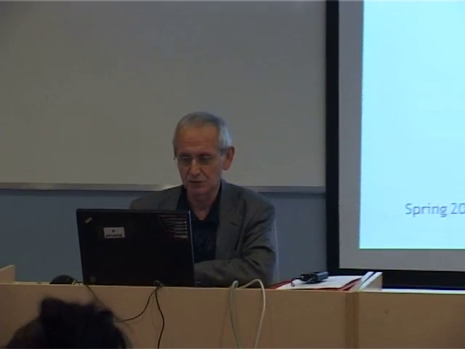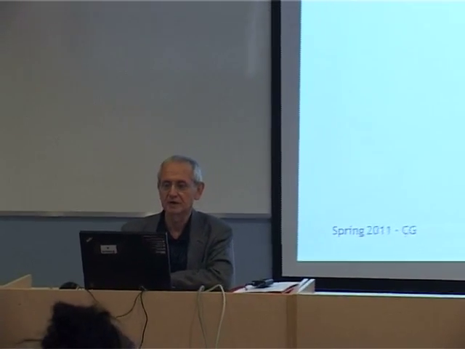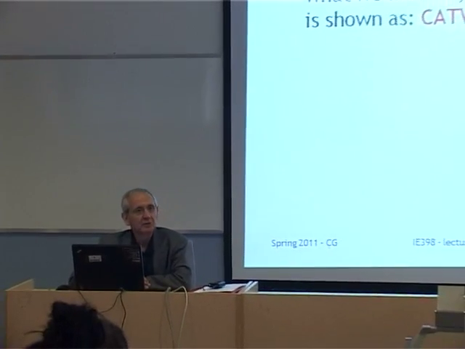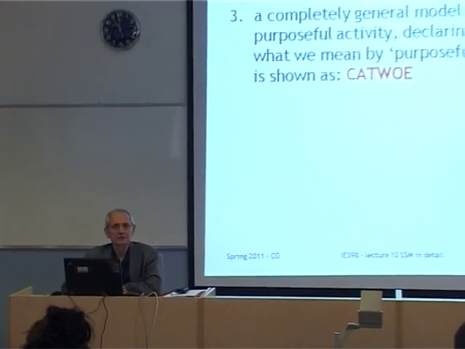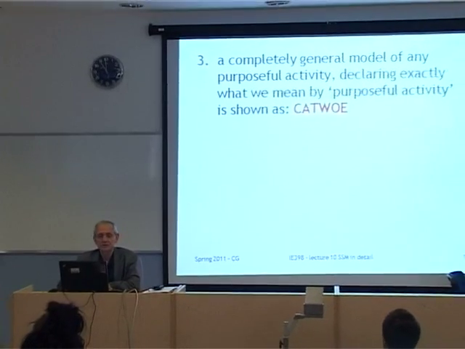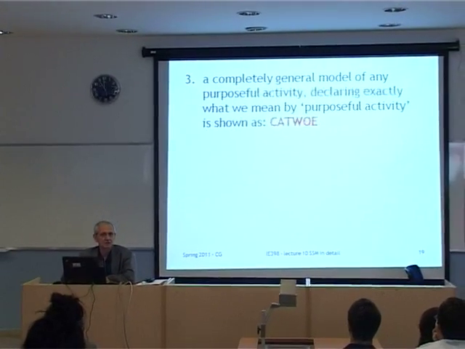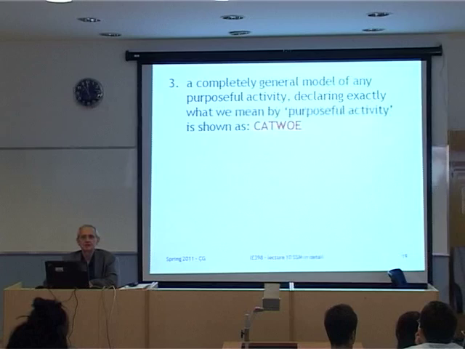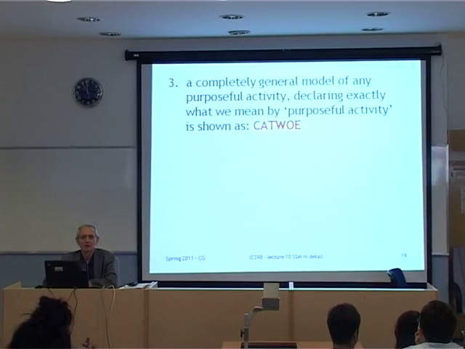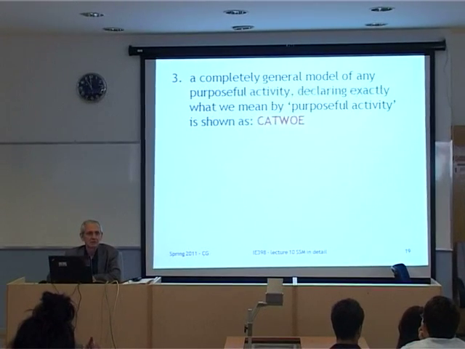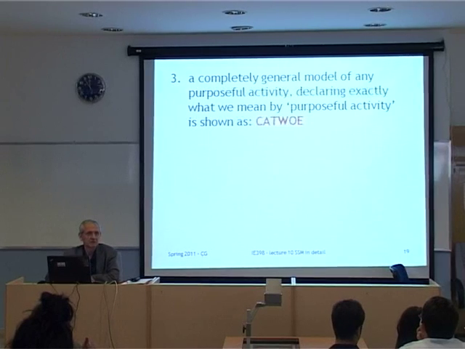So let's go on. We are going on like this. Number one, the PQR. Number two, we identify the transformation process. Number three is called CATWO. This CATWO is an acronym again. It's very famous. If you put this question to Google, you will get many references.